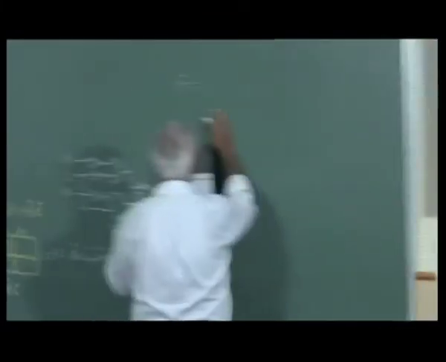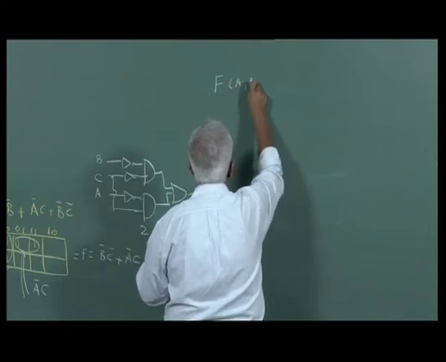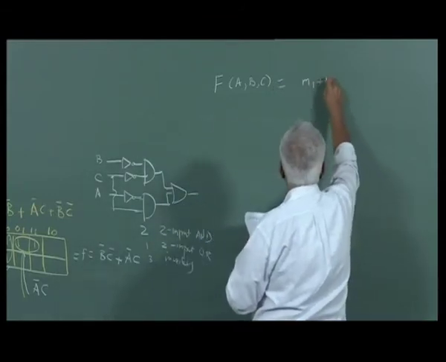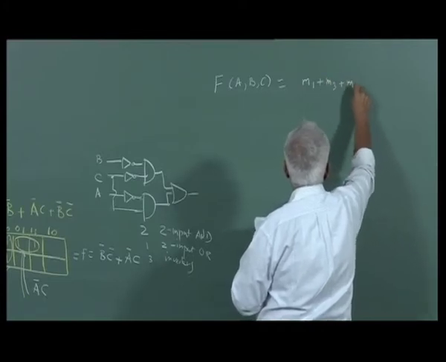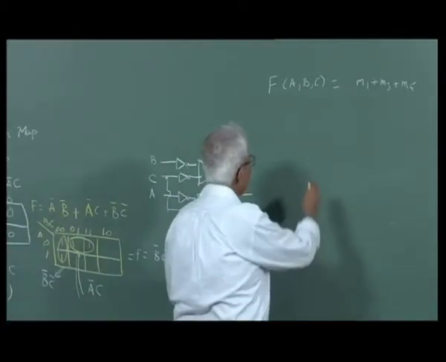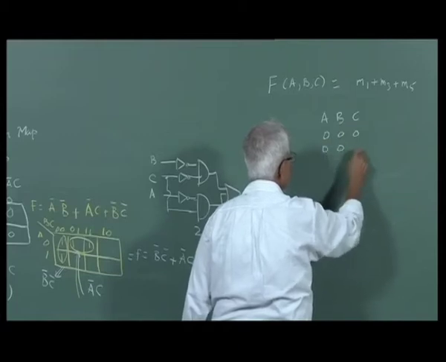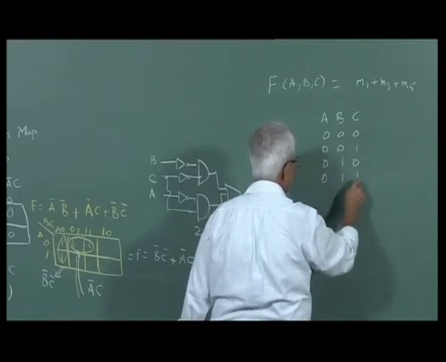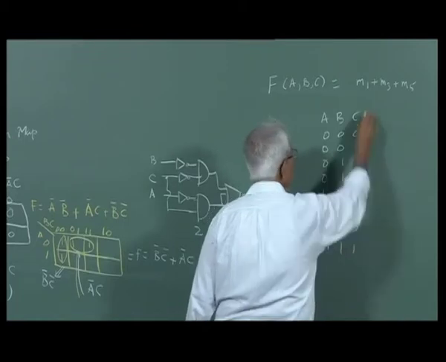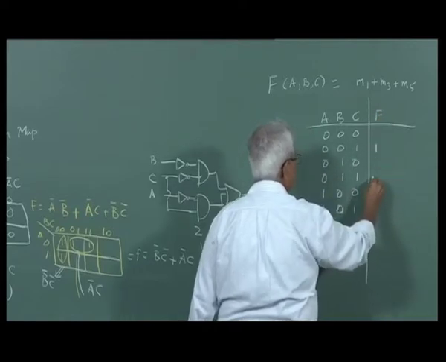There are 3 variables. M0, M1, M3, M5. These are 3 variables, which means... this is 1, this is 3.